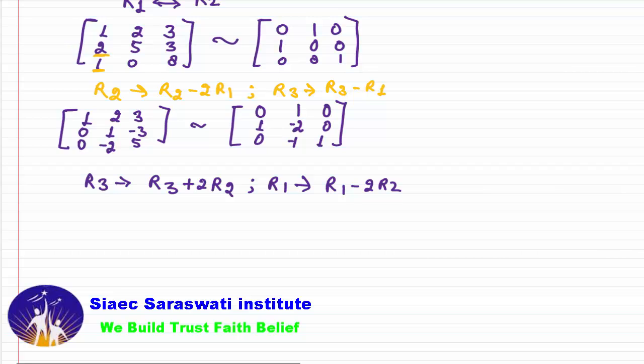Okay, so when we apply this property, the matrix will be 1 0 9, 0 1 minus 3, and 0 0 minus 1.